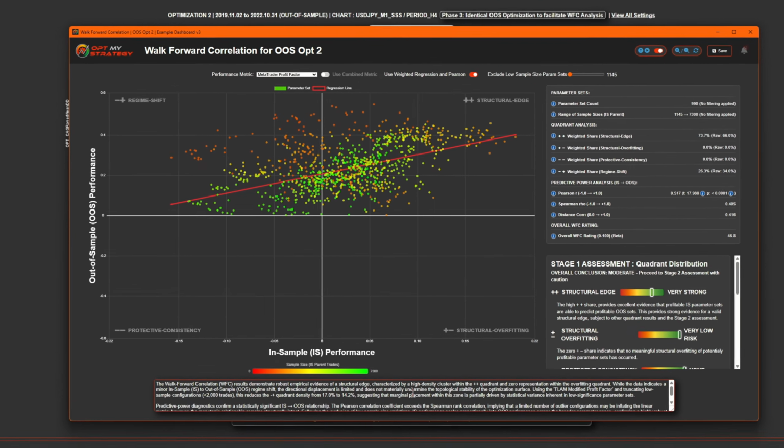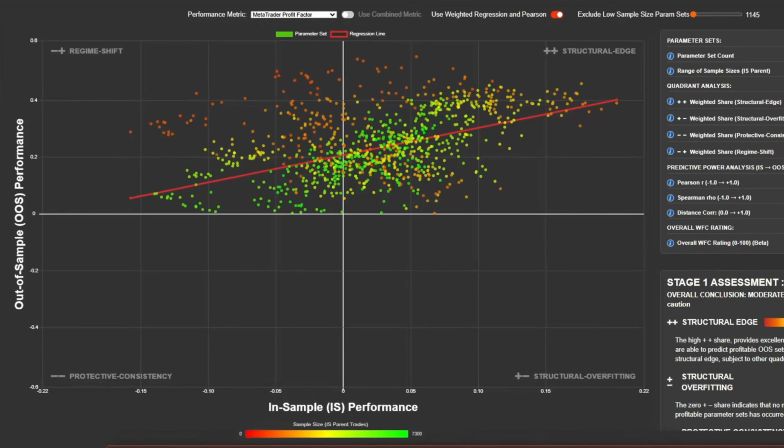Walk-forward correlation fixes this by analysing the shape and behaviour of the entire optimization surface, which is statistically far more reliable. It reframes the validation as a surface-wide inference problem.